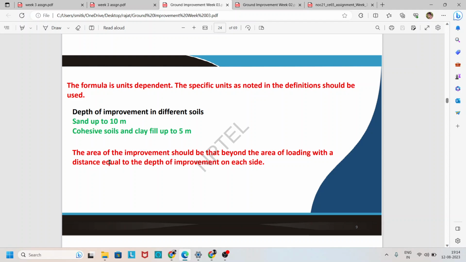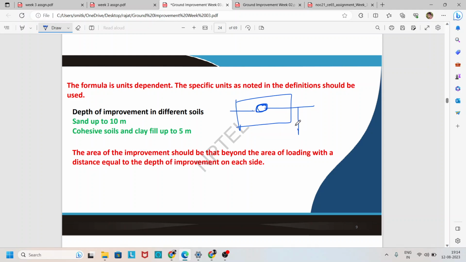The area of improvement should extend beyond the area of loading by a distance equal to the depth of improvement on each side. That means, if we use the tamper like that, we are tempering at this point. The area of improvement is equal to the depth of improvement.